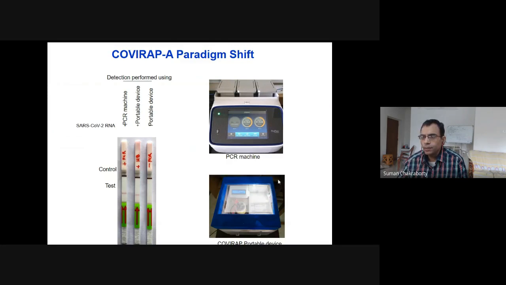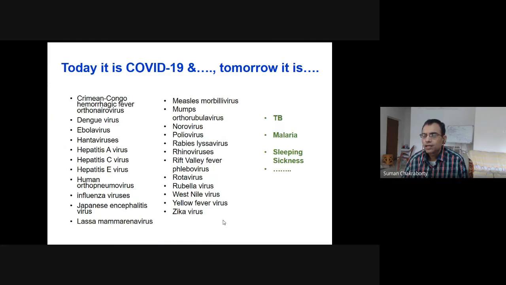So COVIRAP as a device, COVIRAP as a method, is a paradigm shift. Why it's a paradigm shift is because it is not just COVID, but a generic platform where a large number of tests can be performed in a similar structure at an affordable price.